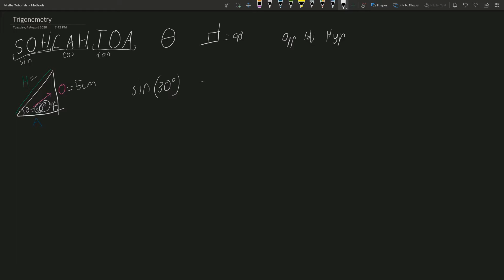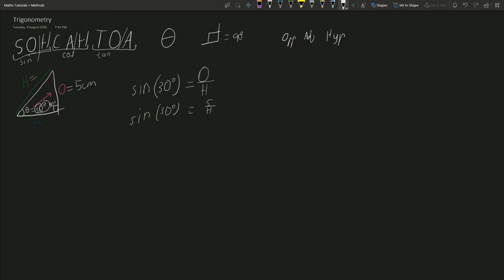And we let that equal to opposite over hypotenuse. So imagine that's a fraction. So opposite over hypotenuse. Now we know that our opposite side is equal to 5 centimeters. So we're going to insert that in here.